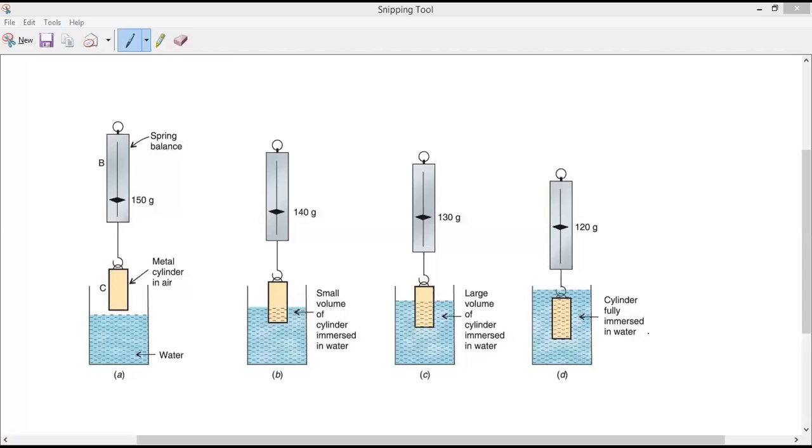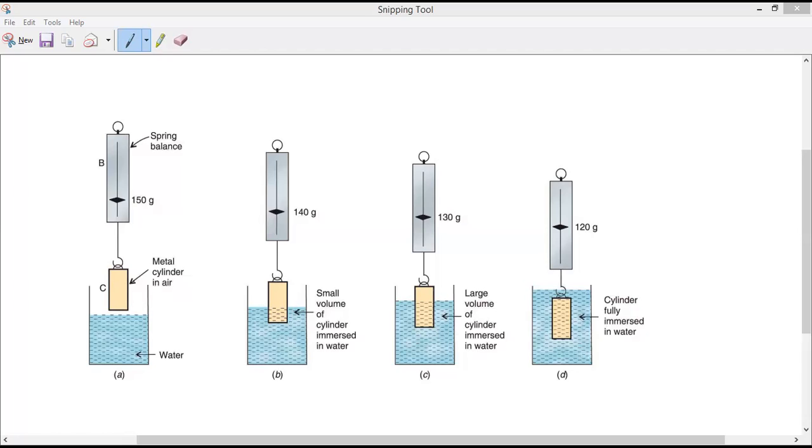You might notice that if the immersed portion of the body is increasing, then the mass or weight lost by the body is also increasing, because the body experiences a greater buoyancy force when the object is immersed fully compared to when it is immersed only partially.